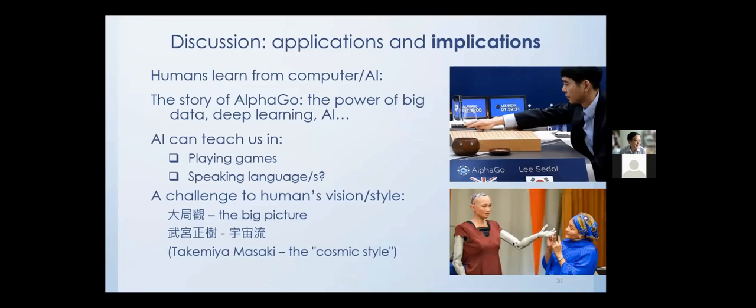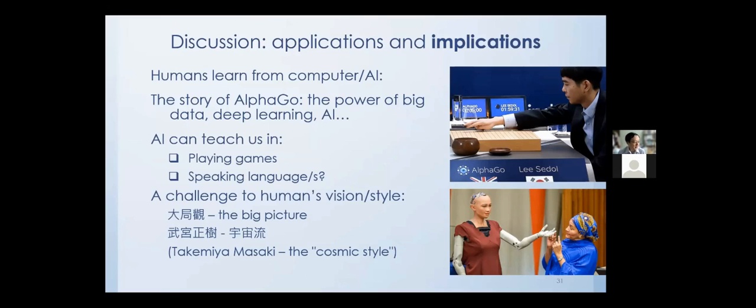They play Go much better than humans. AlphaGo defeated humans, no problem. That's a categorical defeat. And the problem for me is that Go as a game has been perceived as something really human, about human intelligence and human vision.